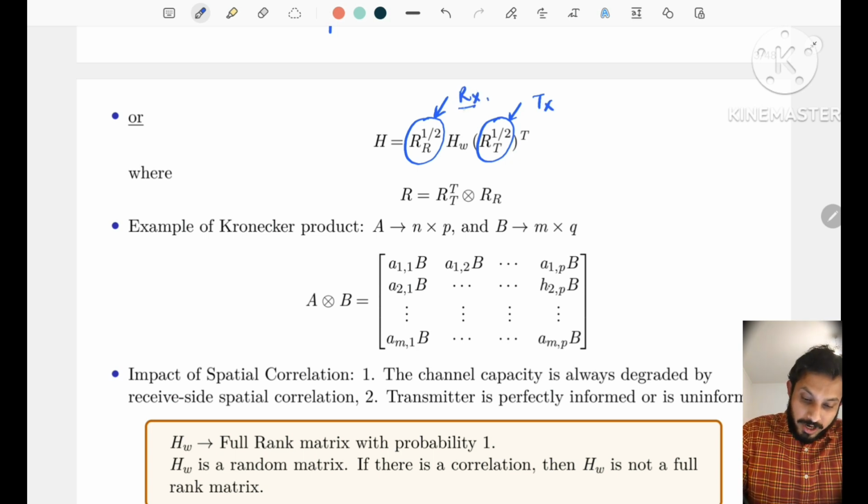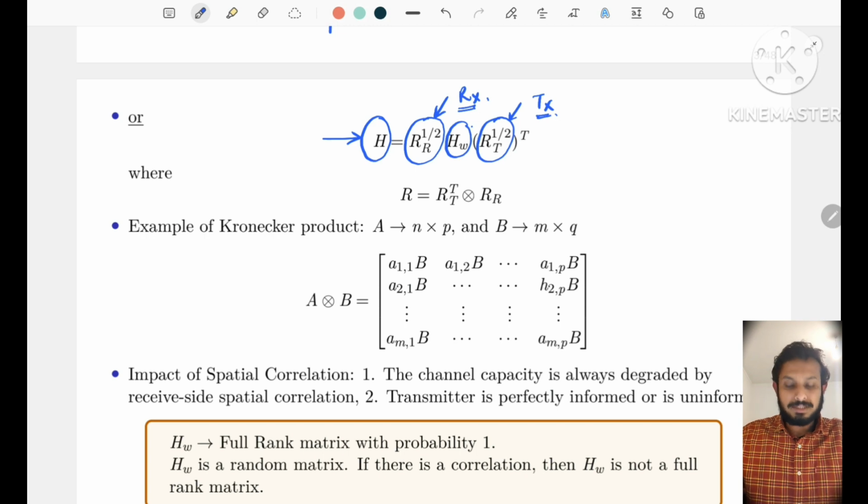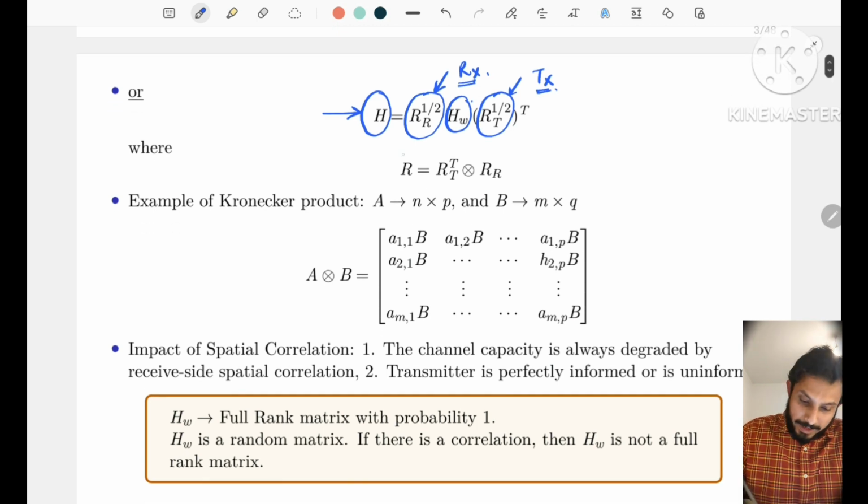If we know the correlation at the receiver, the correlation at the transmitter, and we have the spatial white matrix, we can always generate a matrix that shows the correlation between the elements. And R, the overall covariance matrix, is equal to the Kronecker product of the covariance at the transmitter and the covariance at the receiver.